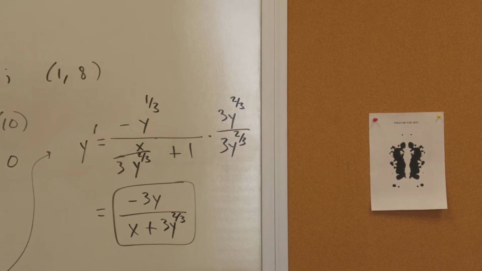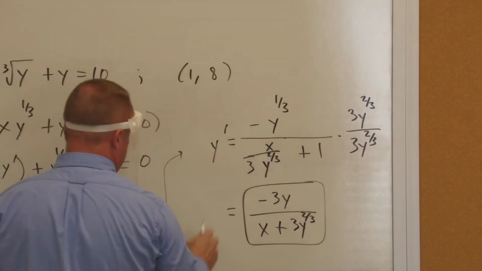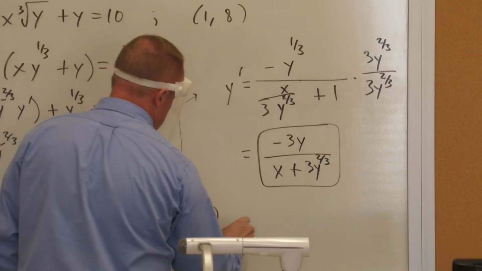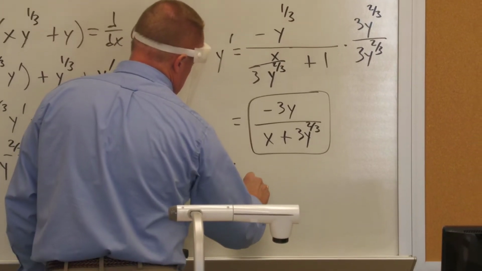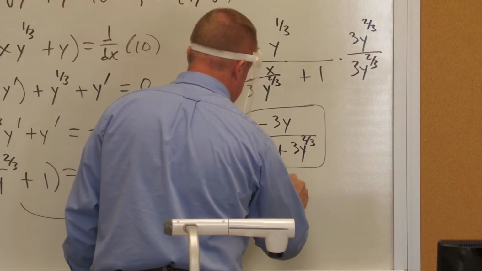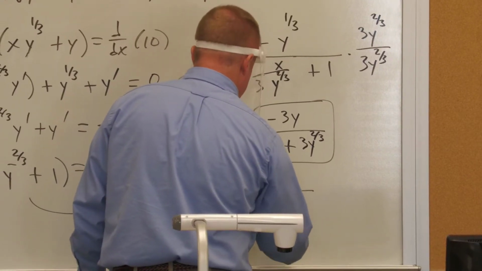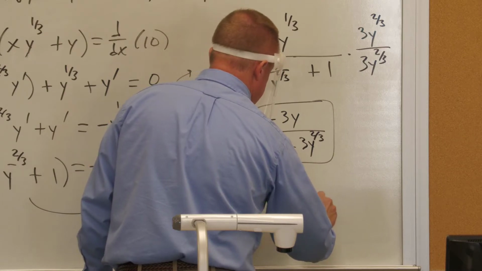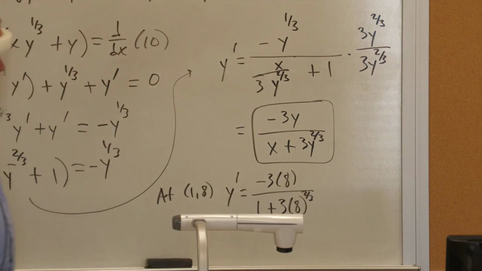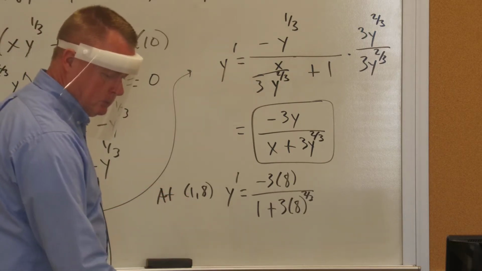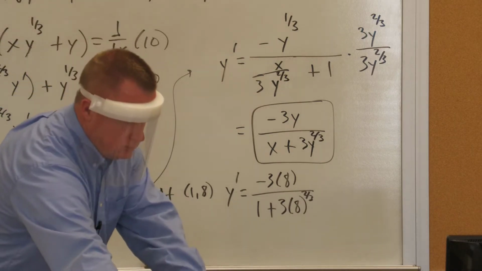Okay. All right, at 1/8, what is the derivative? All right, well, let's plug it in. So I'll have negative 3 times 8 over 1 plus 3 times 8 to the 2/3 power. Very good.